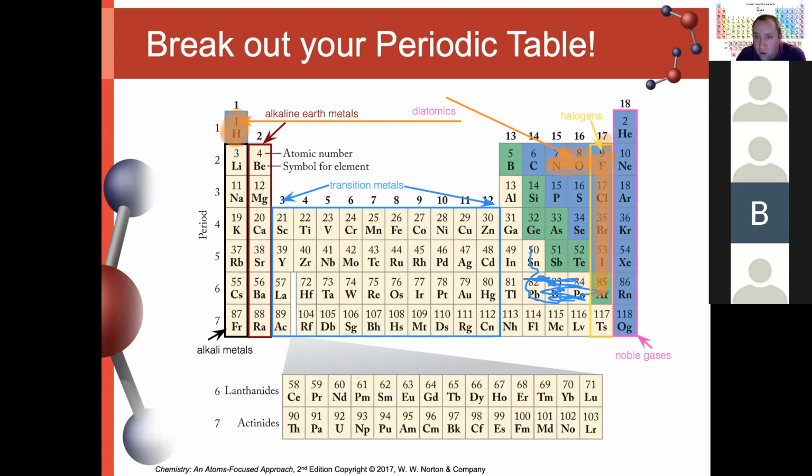And so when it comes time, especially when we start getting into balancing equations and recognizing chemical reactions, that's an important thing to understand. If I'm given a word equation that says hydrogen reacts with fluorine to make hydrogen fluoride, I have to understand that the hydrogen and the fluorine that we're talking about there are not just H and F, they're H2 and F2.